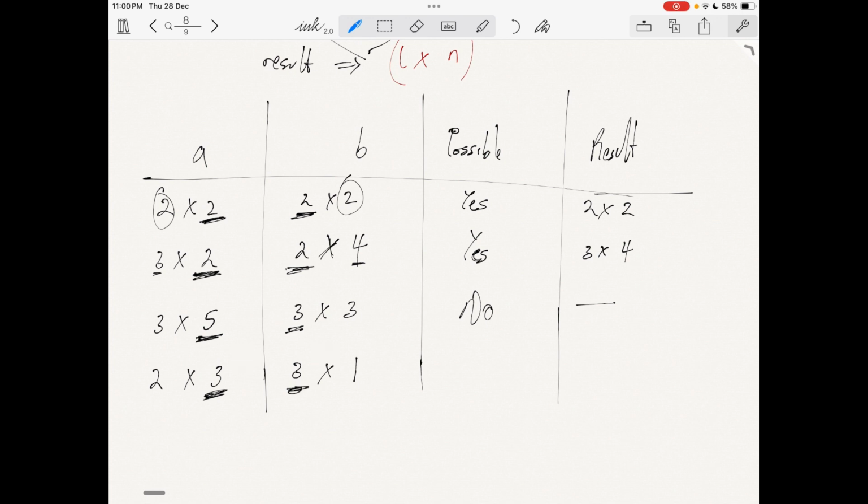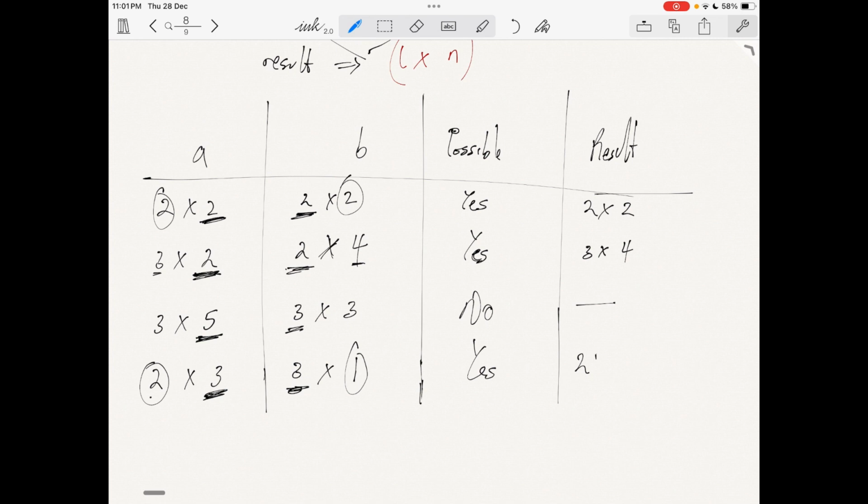Are they equal? Yes. So it's possible, because the number of columns in the first matrix is equal to the number of rows in the second matrix. Then the result will be a 2 by 1 matrix.